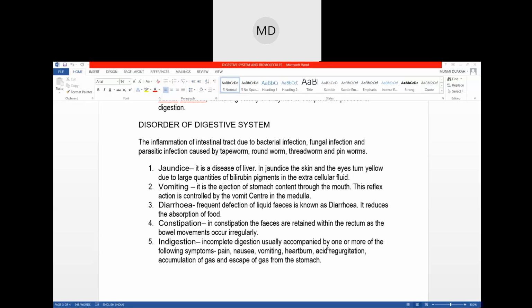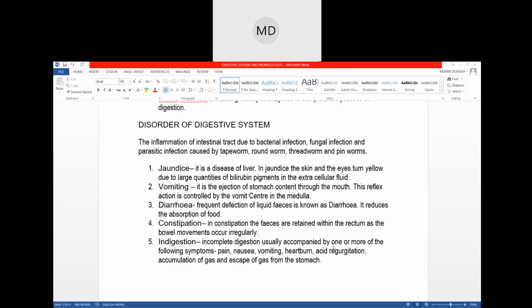And then there is acid regurgitation. Before that, there is heartburn. Heartburn means there is a burning sensation on the chest. That burning sensation on the chest is known as heartburn. What is acid regurgitation?